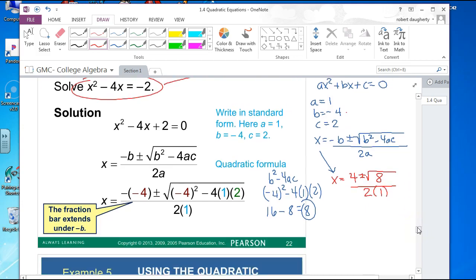So simplifying this further, I get x equal 4 plus or minus, I'm going to write 8 as 2 times 4, all of this over 2. And so what is the square root of 4? That's 2. So I get x equal 4 plus or minus 2 square root of 2, all of that over 2.